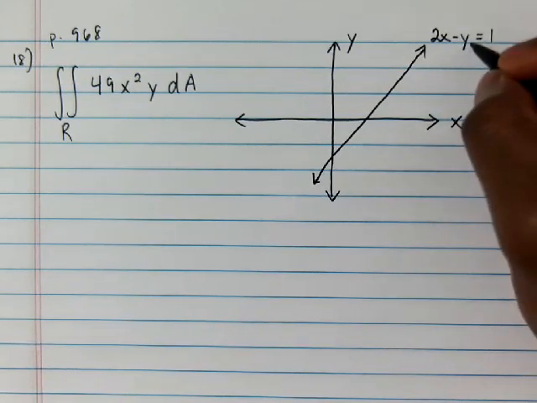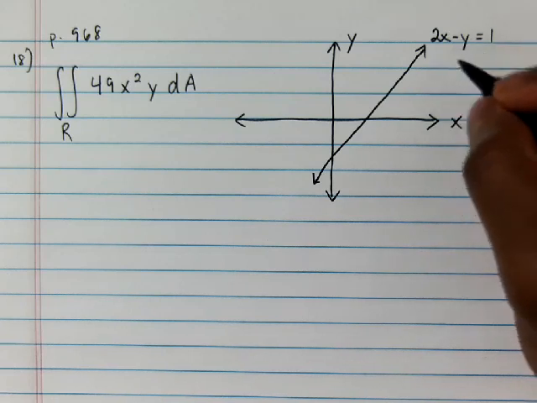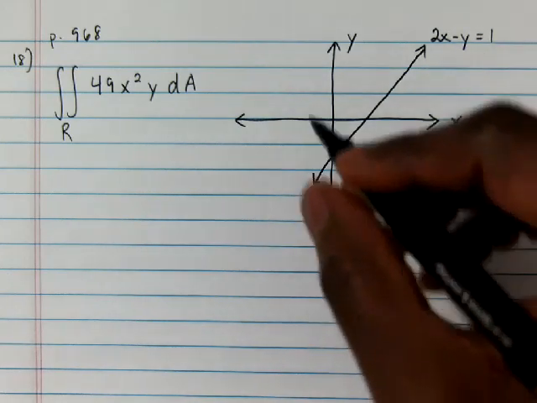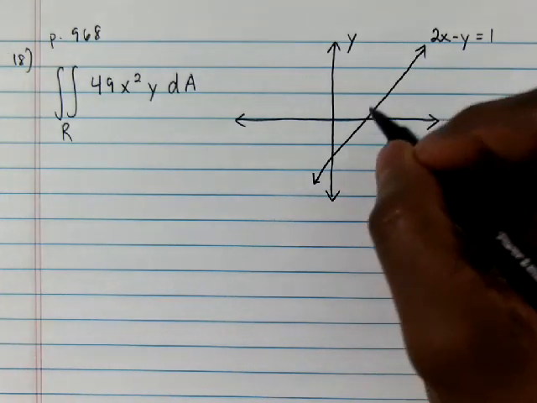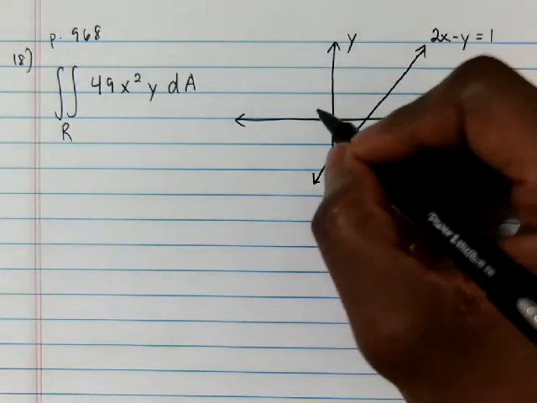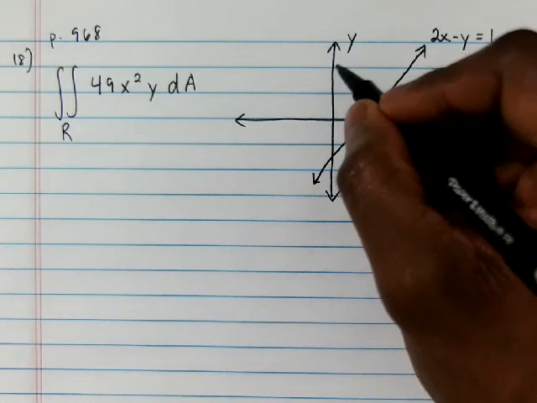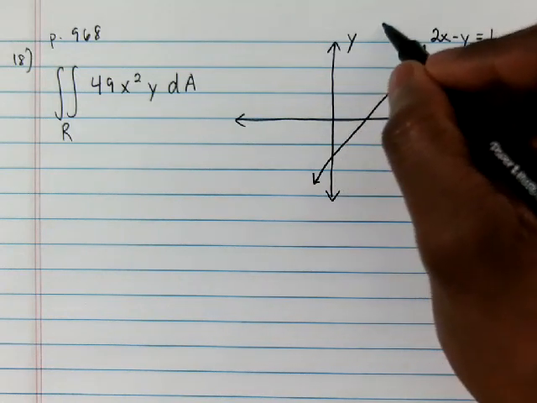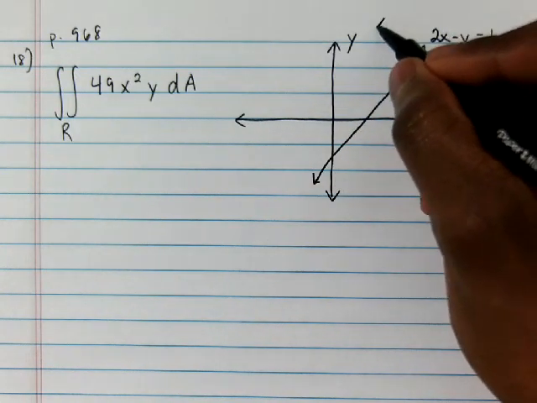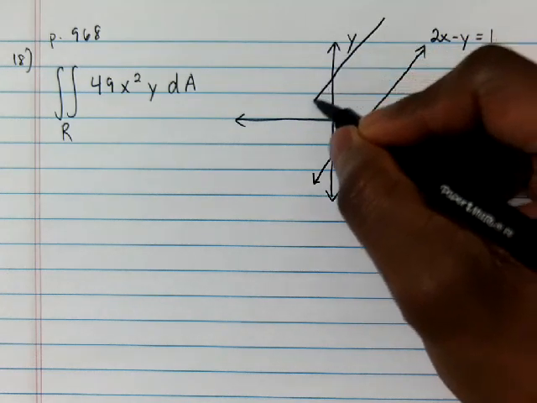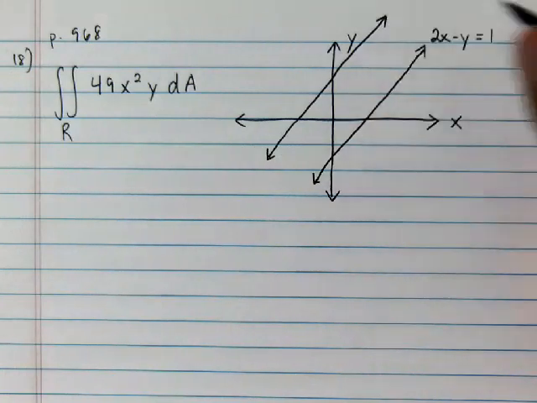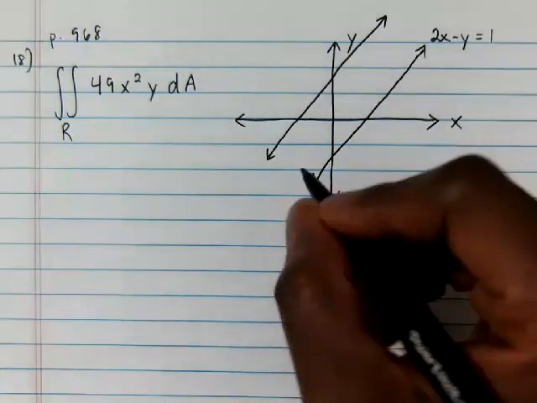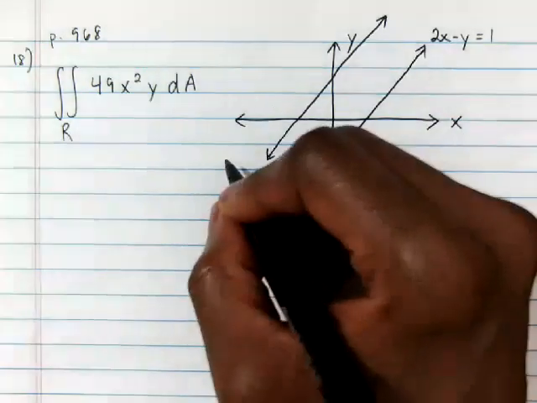Make sure I have my line correct. Yeah, okay. Then we had 2x minus y equals negative 2. So that would take us about right here. So this is 2x minus y equals negative 2.